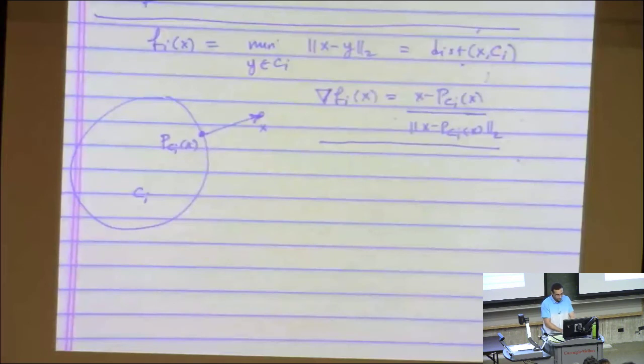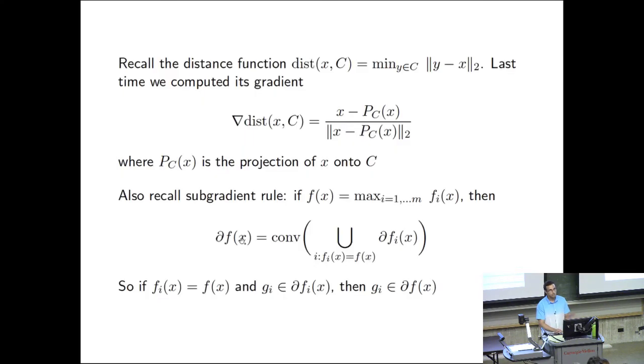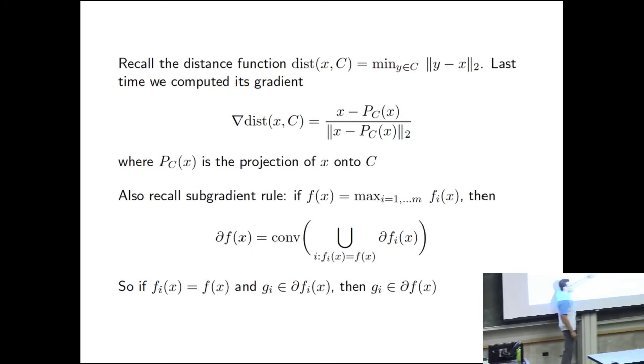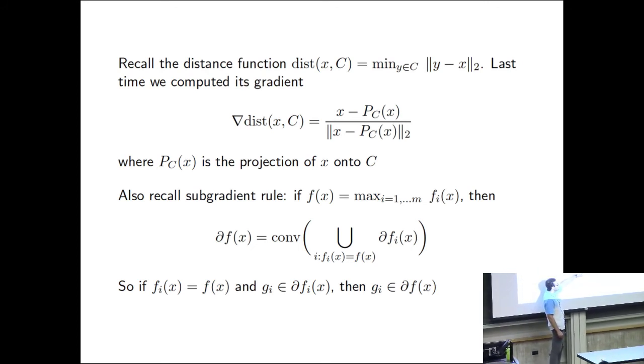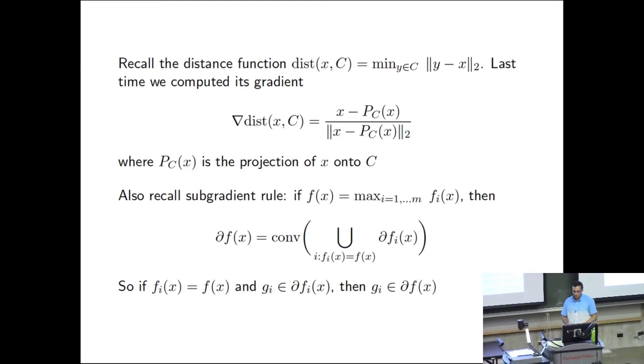So this is the rule for all of the subgradients, but in fact, if I just asked you for a subgradient, which is all we need for the subgradient method, knowledge of how to compute a single one, then you could just pick any i that achieved the max and take one of its subgradients. So for us, what does that mean? I can pick any set that my point is farthest away from.